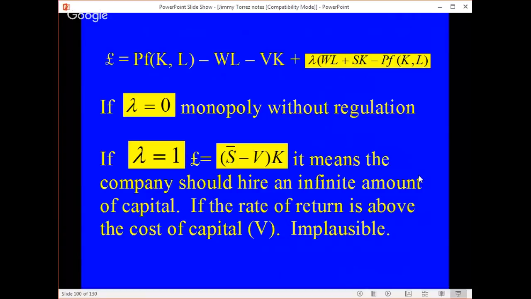Now, in this case, if lambda is 0, this goes away, and then we just have a straight monopolist. And that monopolist will charge the profit maximizing monopoly price.